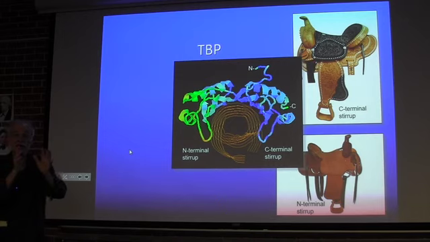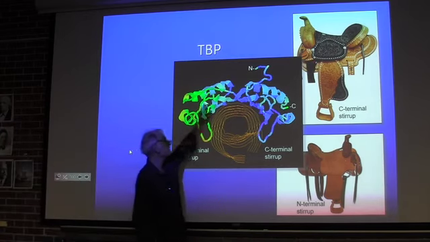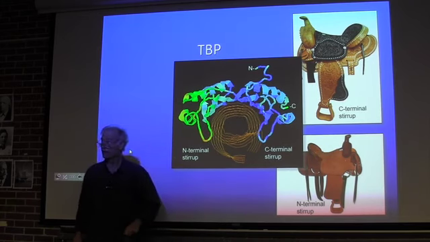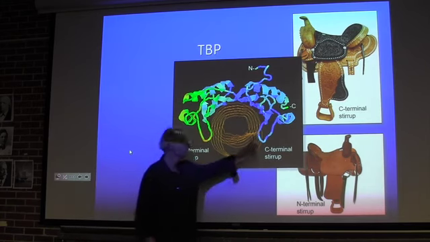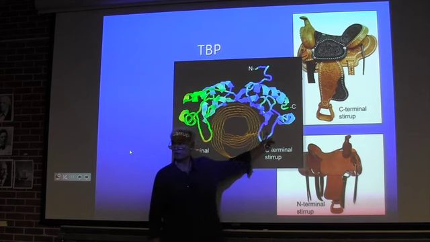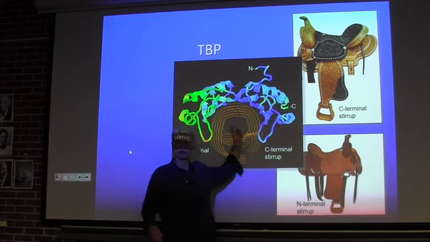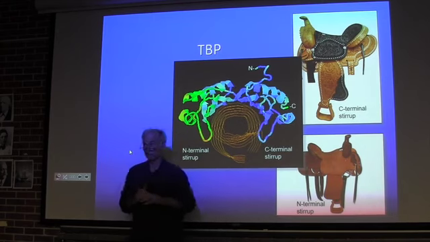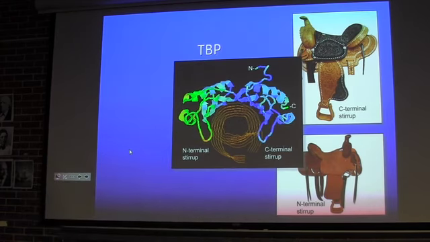All you need to know is where you put your haunches, which is right up here on the springs, and where to put your left foot. You always put your left foot on the C-terminal stirrup. So in this picture, you're sitting on it like this, and transcription is going towards you, out of the screen towards you.